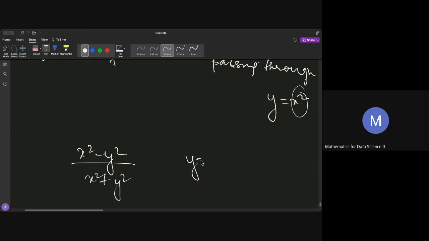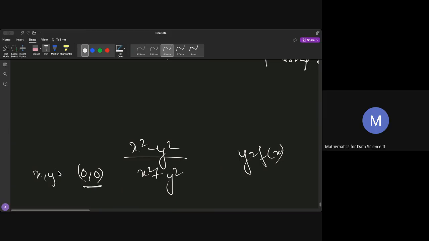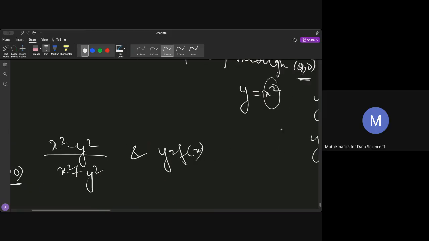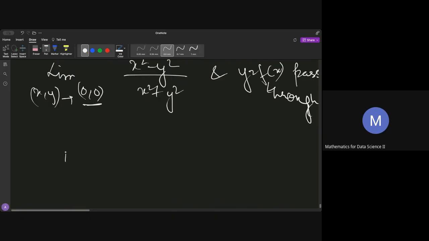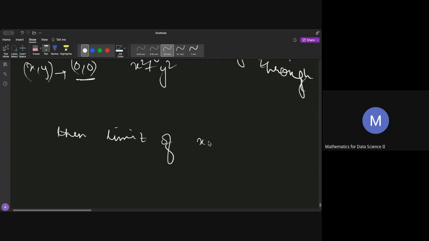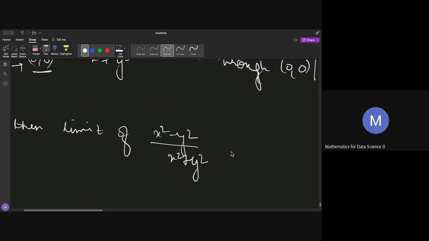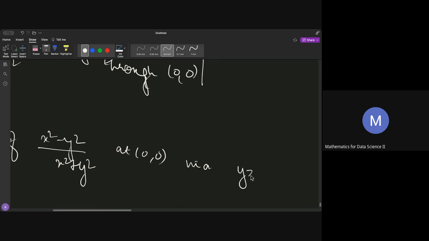That means if you have a function y is equal to f(x) that passes through the point (0, 0), because you have to approach (0, 0), (x, y) tending to (0, 0), then the limit of this function, (x square minus y square) by (x square plus y square), at (0, 0) via y is equal to f(x), via this curve.